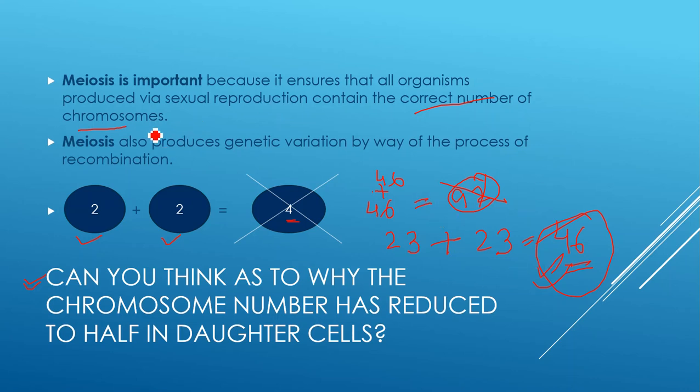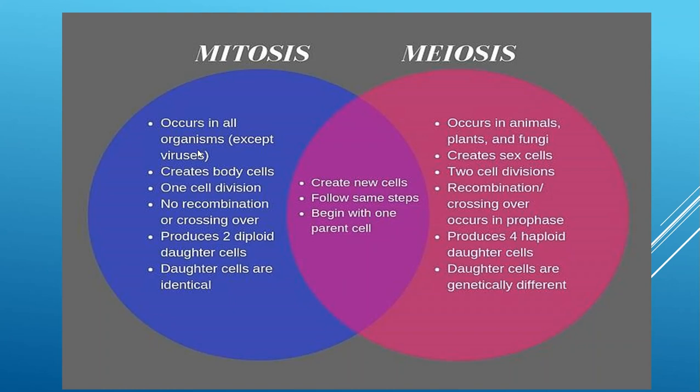Re means again, combination means to combine characters. By this process of recombination, we resemble our parents, but we are not identical copies of them. We have our own different characters, because they came from our parents, grandparents, and so on. Here is the difference.